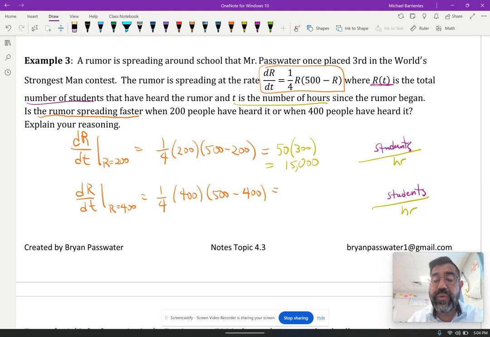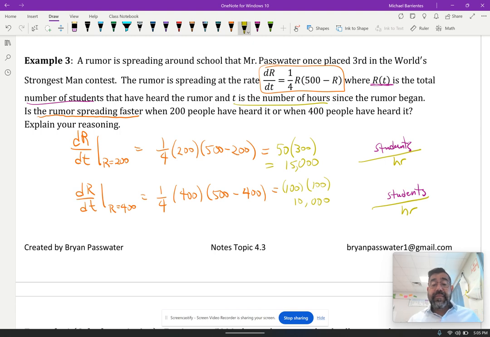I don't need the word number. And then the other one, let's see, 1/4 times 400, that's 100, times, and subtract these, and you get 100. And if you multiply those, that's 1 with 4 zeros. And it's 10,000 students per hour. That's how fast the rumor's spreading.